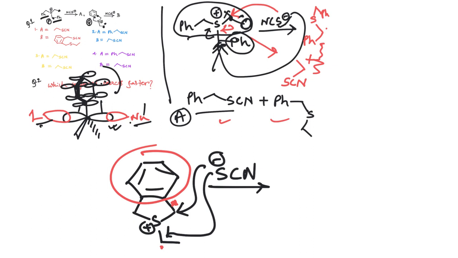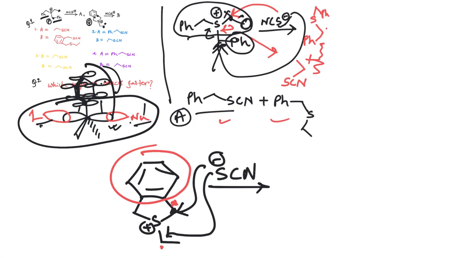But here is a trick, or a twist. This system is not an open system, it is a cyclic system, and that's why this position cannot become linear. There is a strain. So if linearity cannot be attained, this kind of overlap cannot occur, so that pi stabilization is absent here.